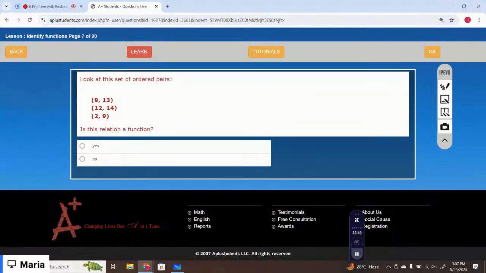Look at the set of ordered pairs. Is this a relation or function? No, that is not a function.